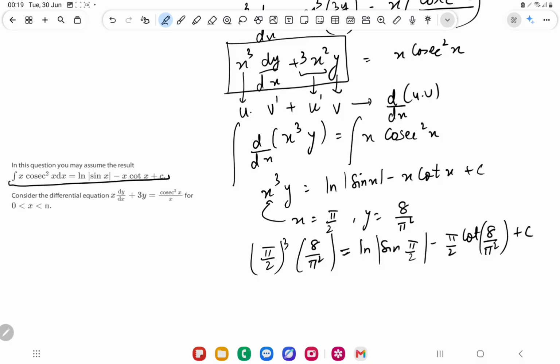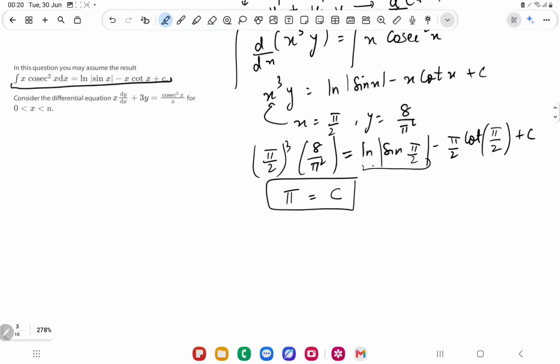Now if I further simplify this, sin pi by 2 is 1 and ln 1 becomes 0, and this will become pi. So pi is equals to, this will be equals to c.